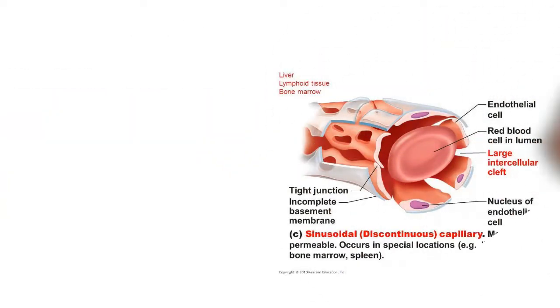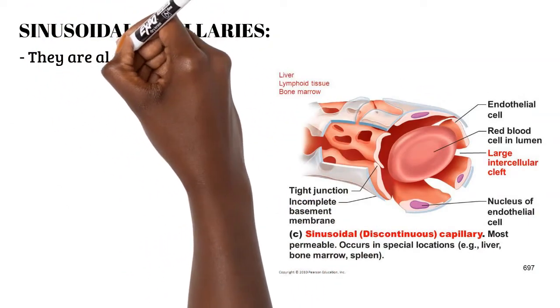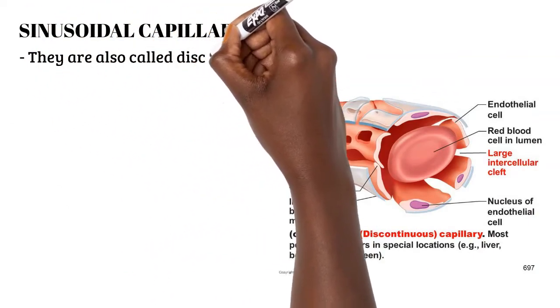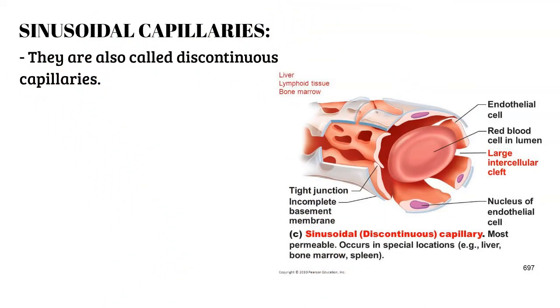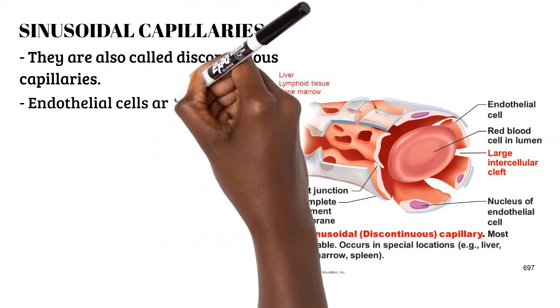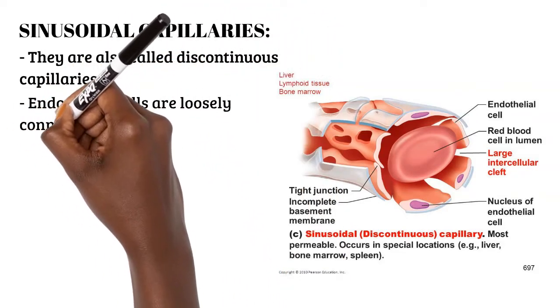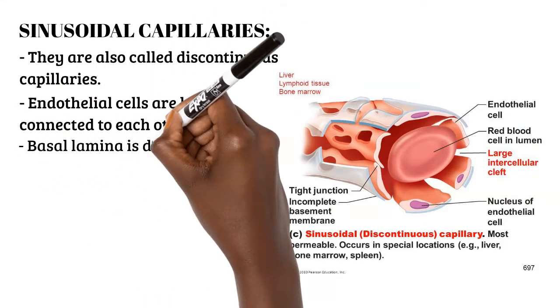Now, the sinusoidal capillaries. They are also called discontinuous capillaries. The endothelial cells are loosely connected to each other. The basal lamina is discontinuous.